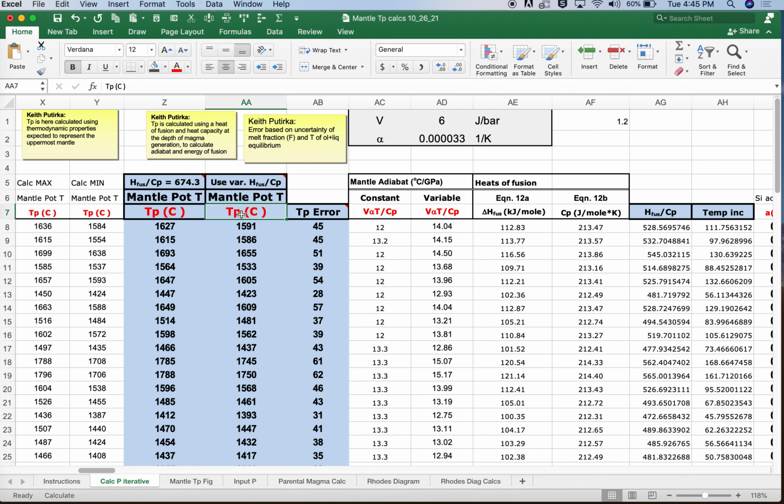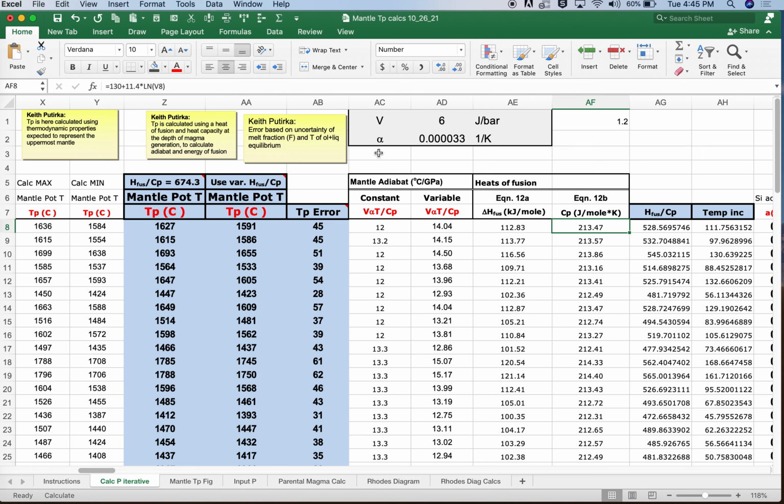And then it's this mantle potential temperature in column AA that will take account of that variable mantle adiabat. So you can look at this mantle potential temperature here, which uses a constant adiabat, or this mantle potential temperature over here, which uses the variable adiabat where you can actually adjust the values V, alpha, and Cp.